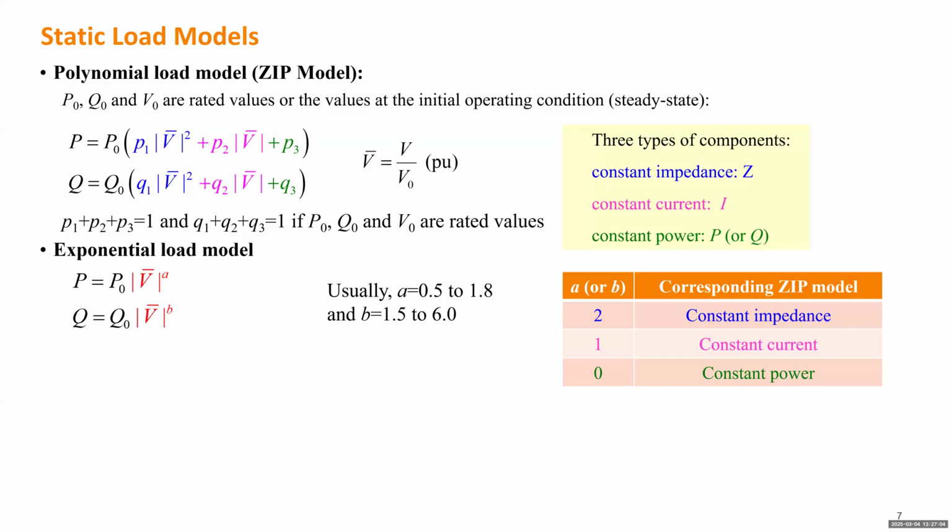If the load has constant impedance and constant current and no constant power, what is A? Right, a reasonable guess will be between 1 and 2, right? Yeah.